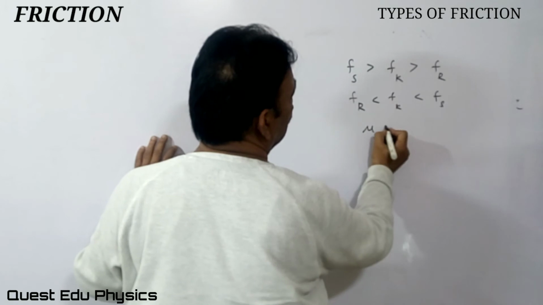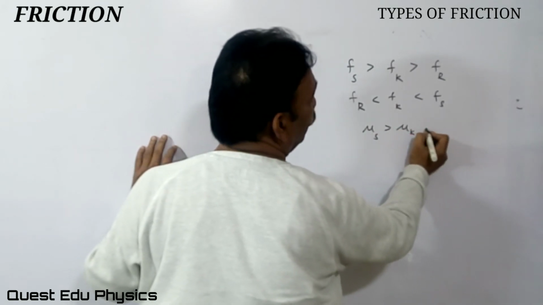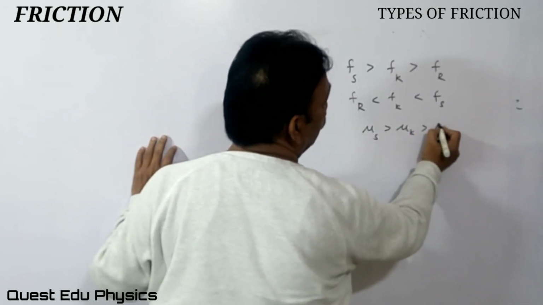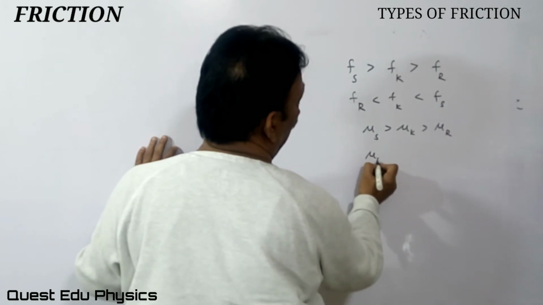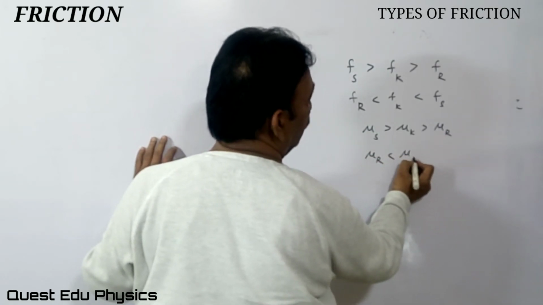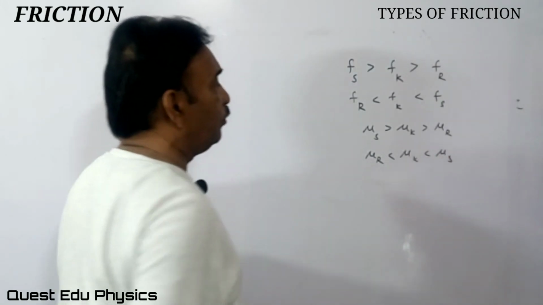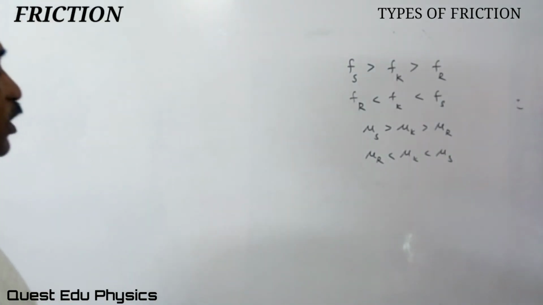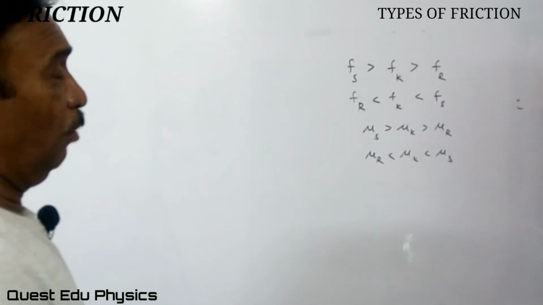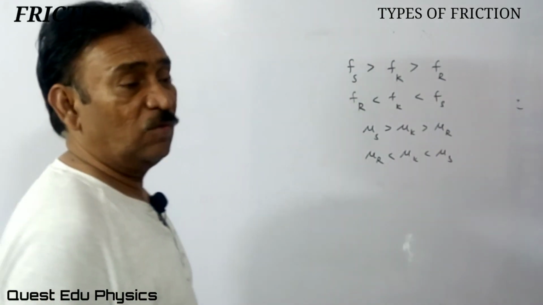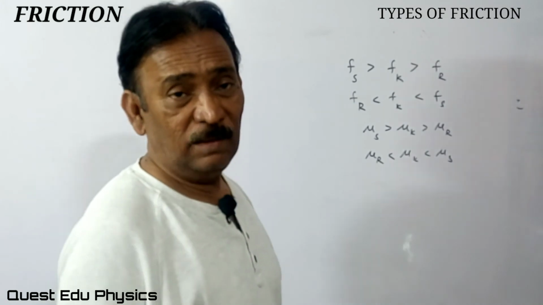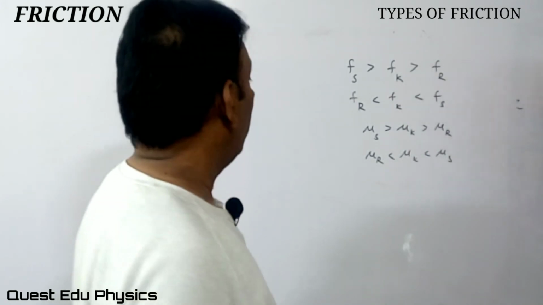Or mu s is greater than mu k, which is greater than mu r, and mu r is less than mu k, which is less than mu s. We can relate these quotients of friction in this way. My intention here is that static frictional force is always more than the other frictional forces.